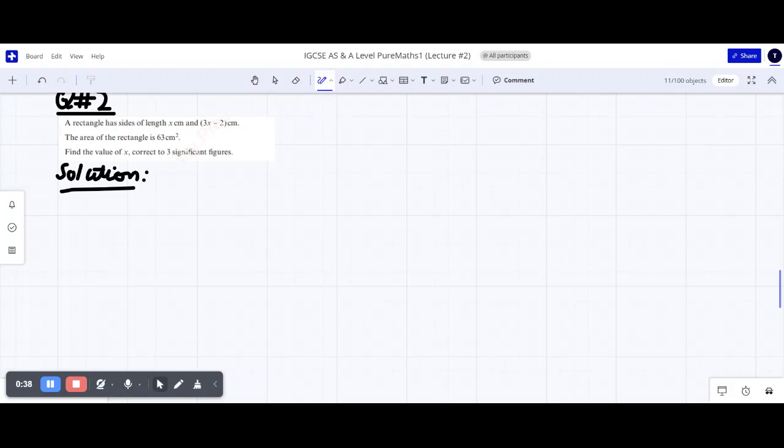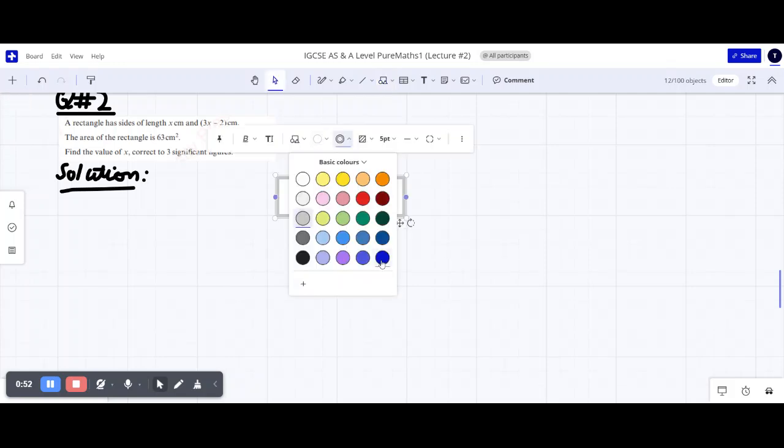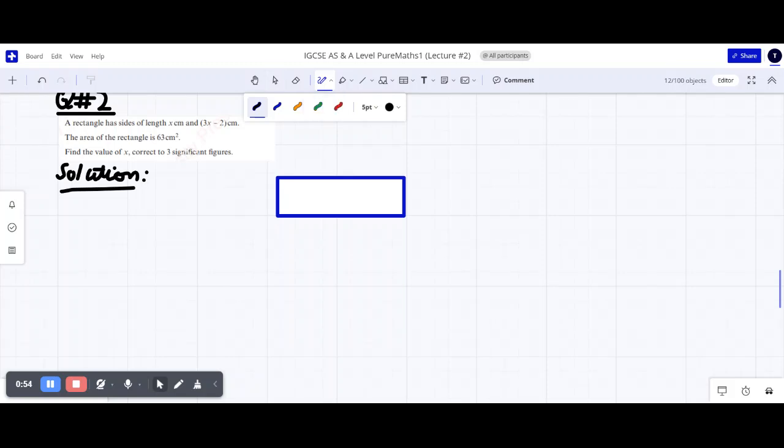So here we have the rectangle, which means the two opposite sides are equal. We can draw the rectangle properly with the two opposite sides equal and the side length is x centimeter. So this is the x centimeter and the 3x.